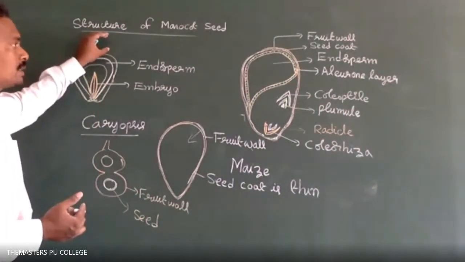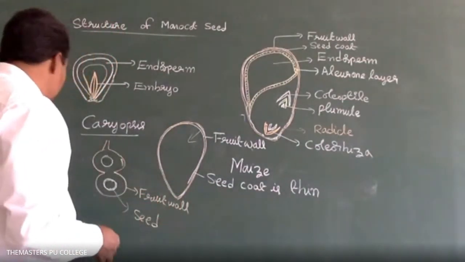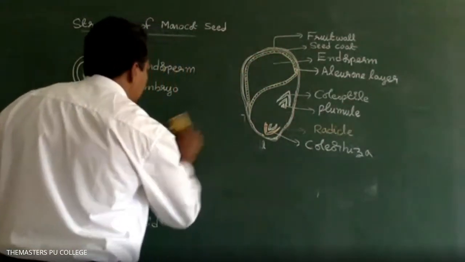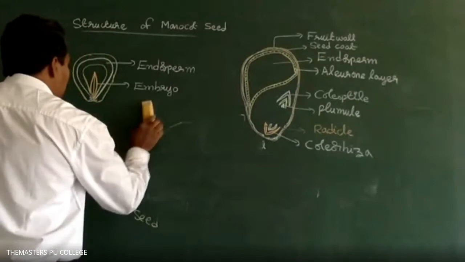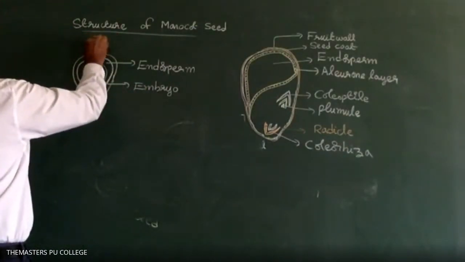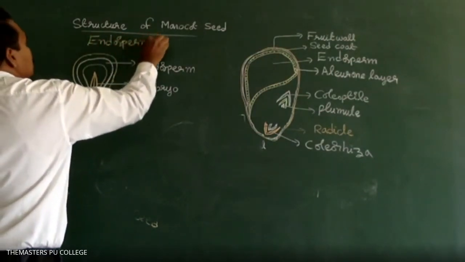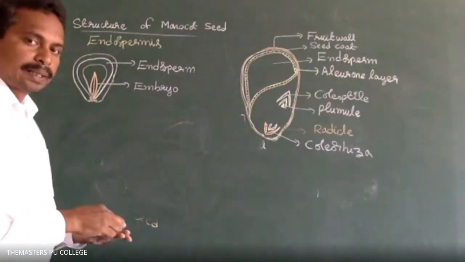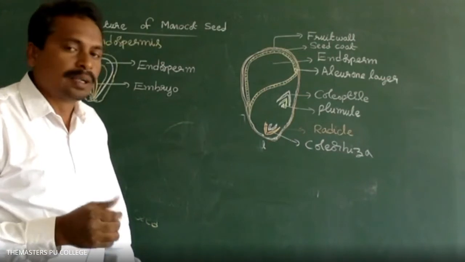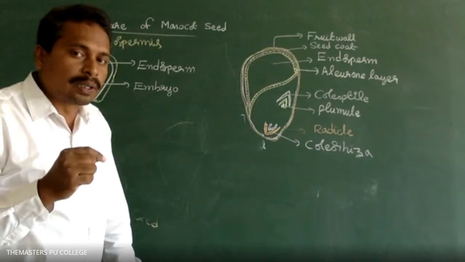Generally, monocotyledonous plant seeds are endospermic. How many classes of angiosperms are there? Mainly two classes, dicotyledons and monocotyledons.